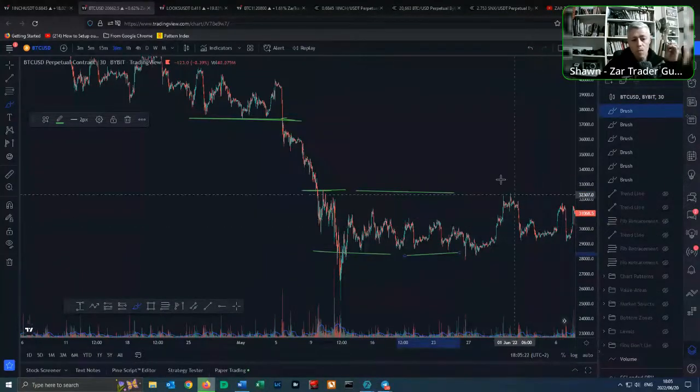So I would draw my fixed range from the start of the range candle. And obviously, when price drops into this area, you don't know yet where the range is. So you've got to give it a little bit of time to move and see where the ranges are forming before deciding where to enter a trade.